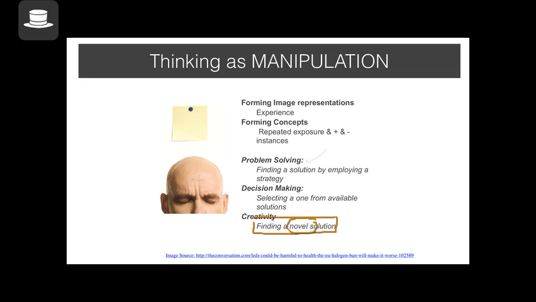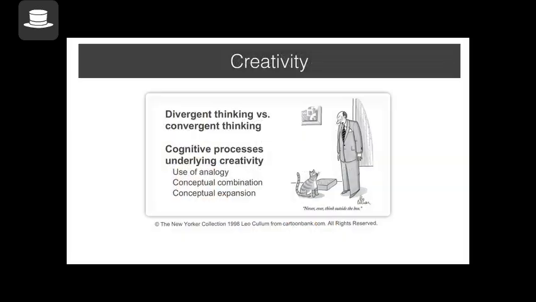Now let's look at creativity. So we said that creativity is basically finding a novel solution to a problem, not any solution. And there's this concept of divergent thinking versus convergent thinking. Convergent thinking is about thinking in a systematic fashion, or thinking leading to one conclusion.